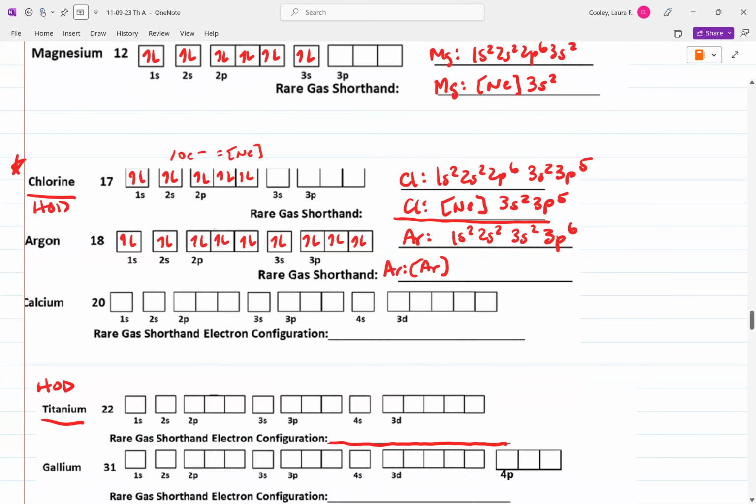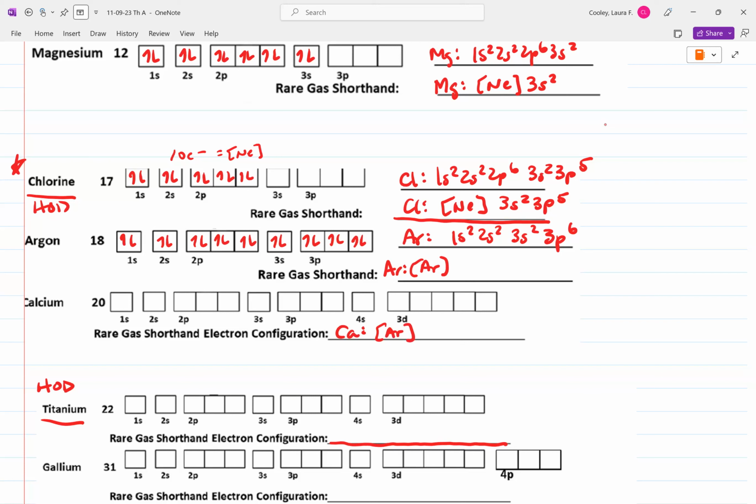All right, what about calcium now? What would the rare gas shorthand be for calcium? If you go back, calcium is 20. What's the nearest previous rare gas in this column? Argon, and argon is 18. So calcium would be argon.